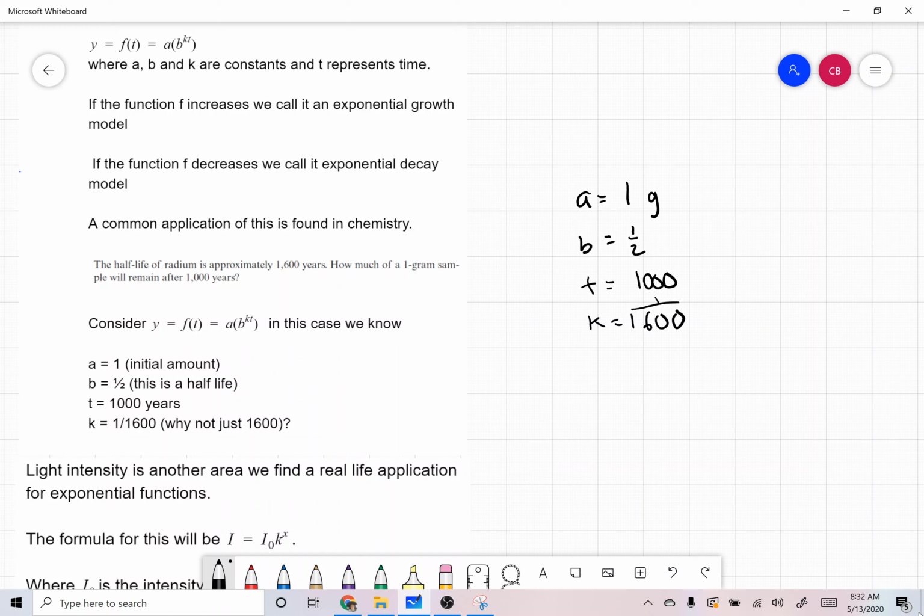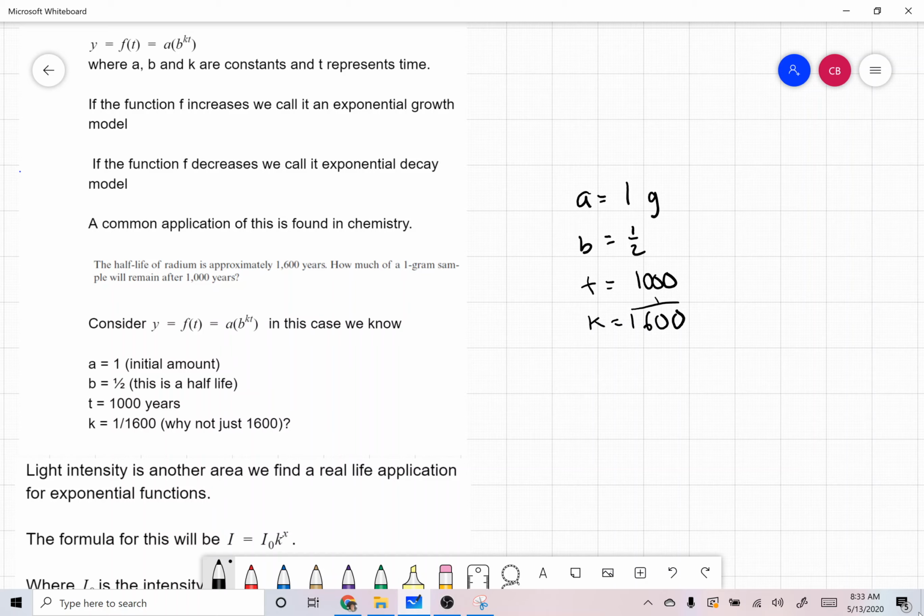It only makes sense that it's a fraction because you have to divide 1,000 by 1600 to figure out how much time has elapsed. If 1600 years had passed out of the 1600, that would make a full 1, and therefore it would mean that 1 half-life had passed of this initial amount.